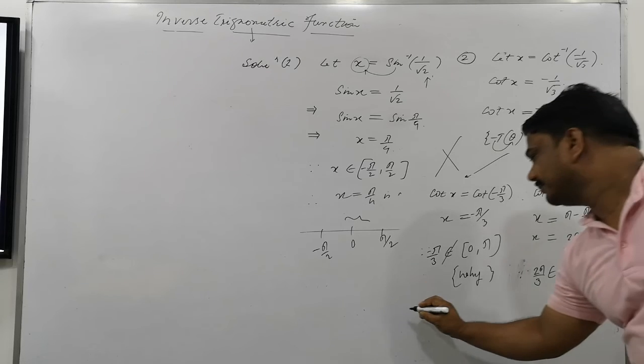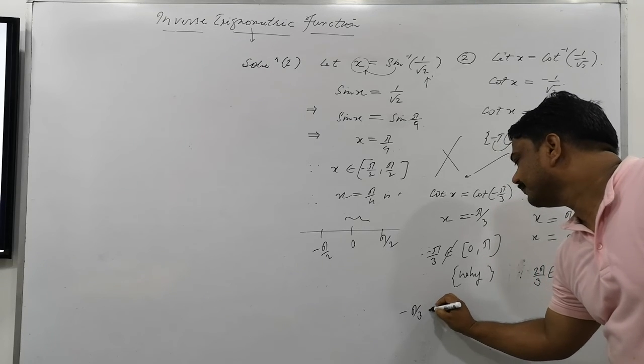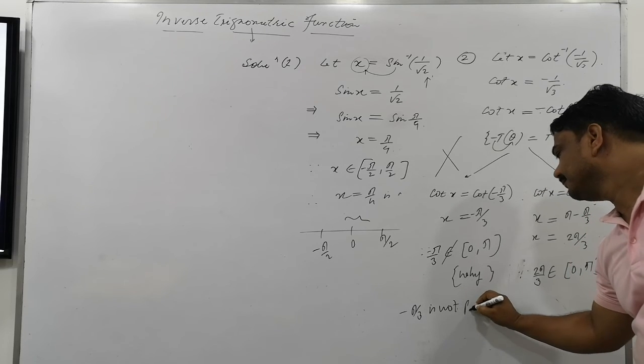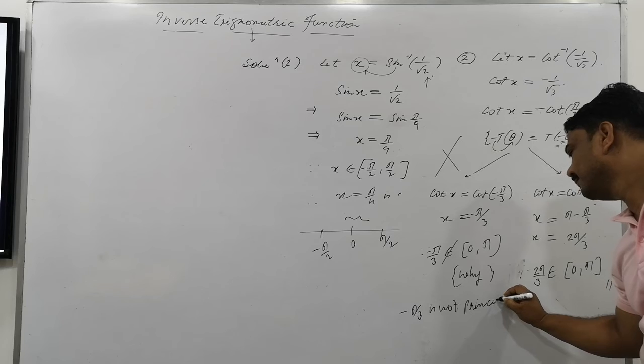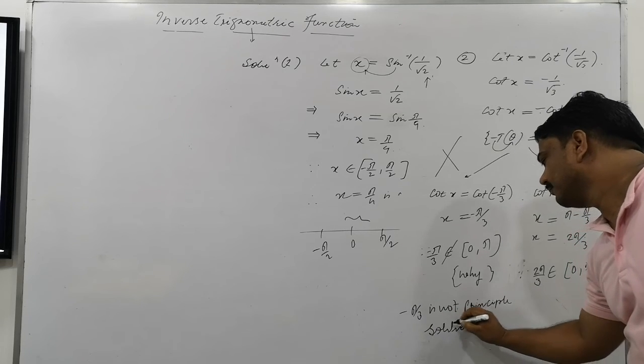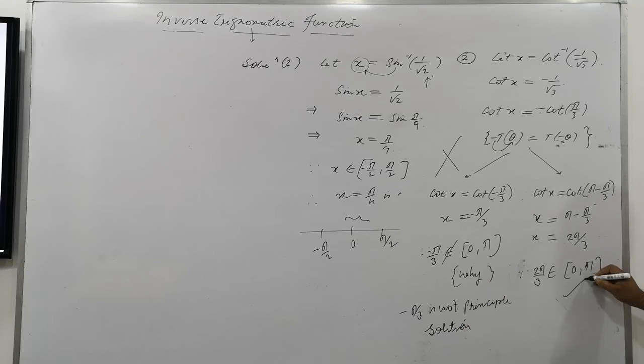Minus pi by 3 is not a principal solution. This is the principal solution.